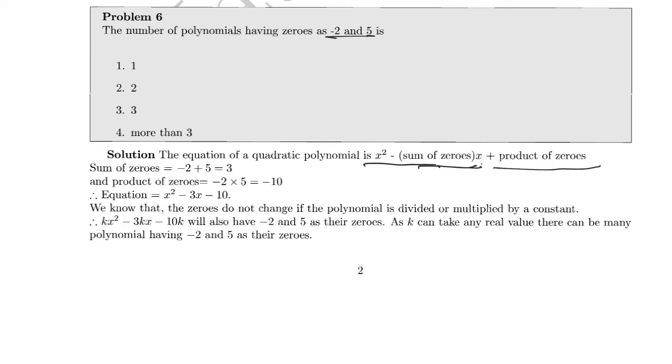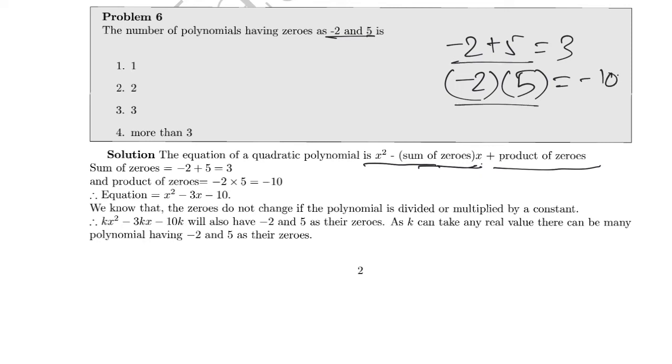It means if the zeros of a polynomial are given, then we can find the equation. But how? If the zeros are given, we get the sum of the zeros as minus 2 plus 5, that is 3, and we get the product of zeros minus 2 into 5, that is minus 10. We put the sum and product in this, and we get x square minus 3x minus 10.